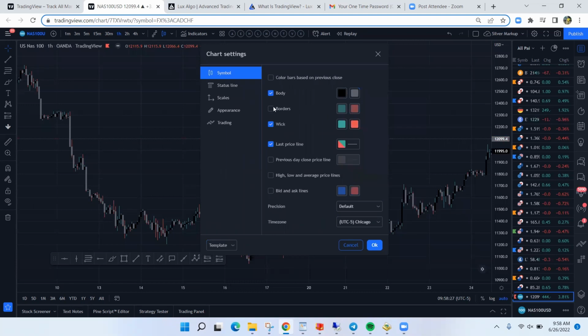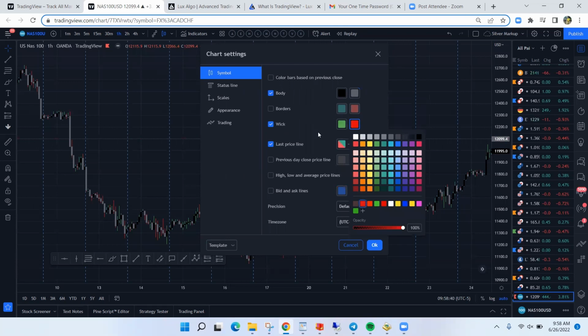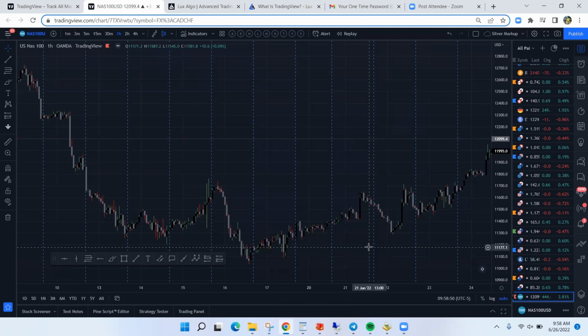Then disable borders. The next thing is to enable green wicks. You can even do the lighter green, it doesn't matter. And red wicks for bearish wicks. So the left side is bullish, the right side is bearish. That's how you set it up so that when you load Lux Algo, it'll look correct.